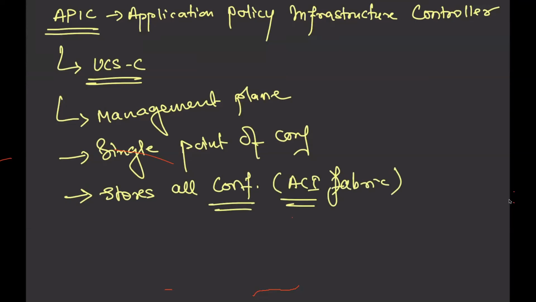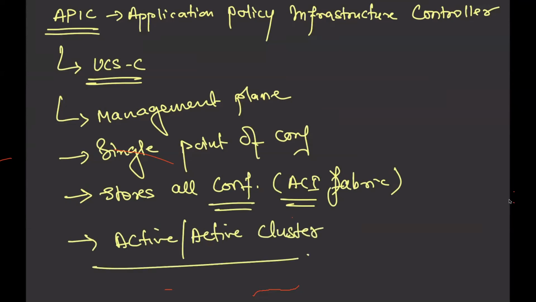Okay, it is going to be connected to your leaves, and this is going to be in the active state, active cluster. So you can log into any of the Epic to do the configuration. So whatever configuration you're going to do with one Epic, it's going to be replicated to the other Epic automatically.